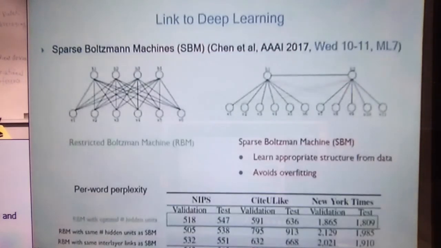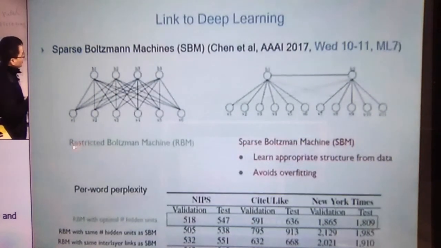One of my students, Zhang, will have a paper at AAAI this year. We did something called the sparse Boltzmann machine, and this table compares the SBM, sparse Boltzmann machine, with the RBM, restricted Boltzmann machine. You can see that in terms of per-word perplexity on the validation and test sets, SBM is much better.